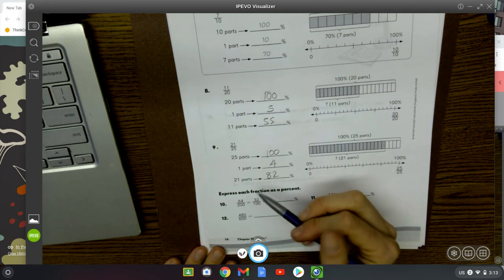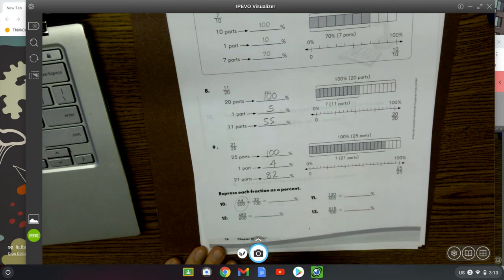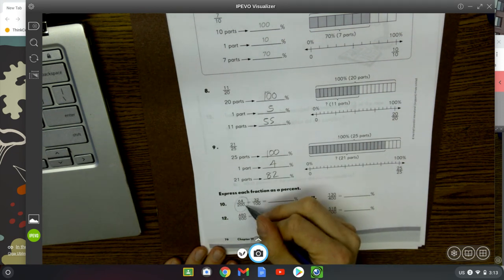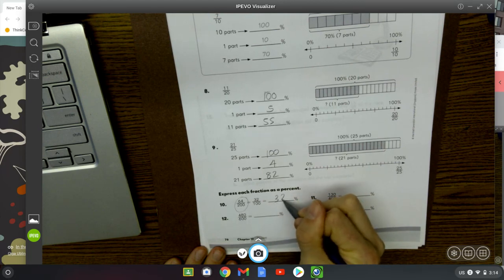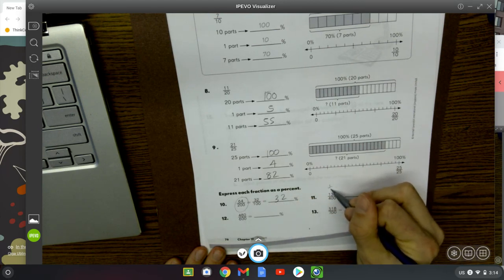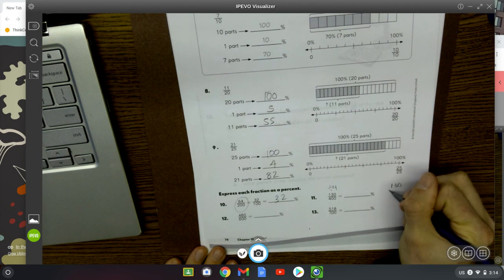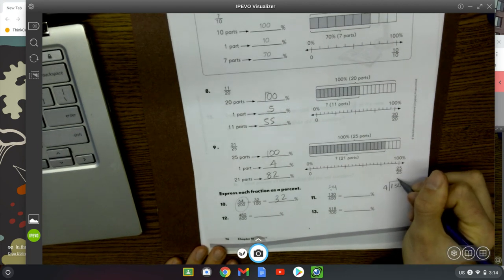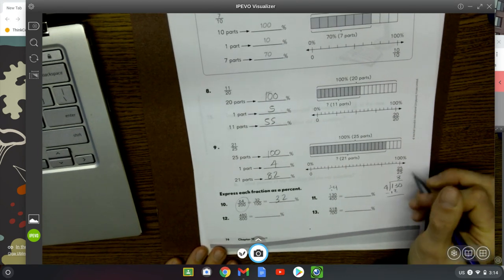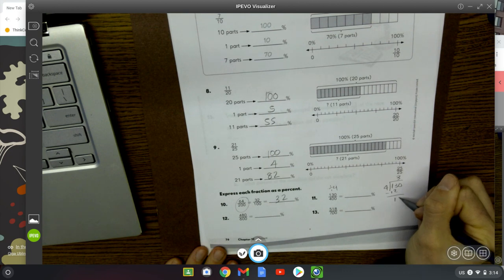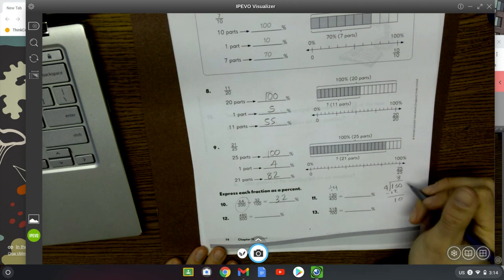Cool. This time we have fractions with the denominator larger than 100, so we're going to have to divide to get it down. Here we've divided by 2, 32%. Here I have to divide by 4. 130 divided by 4 goes in 3, which is 12. 1 left over. 4 goes into 10 2 times.